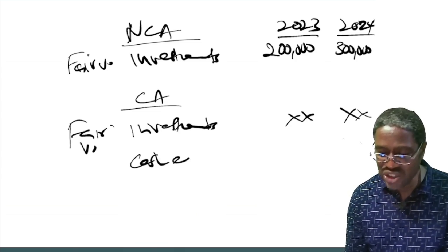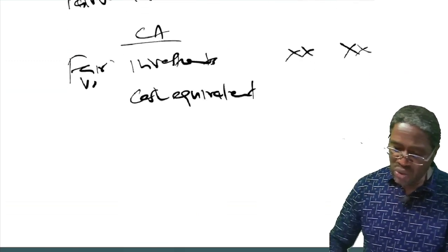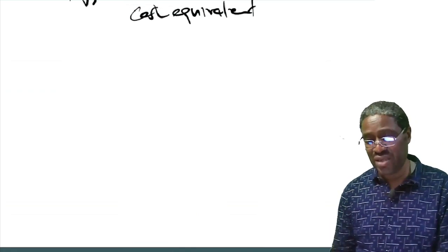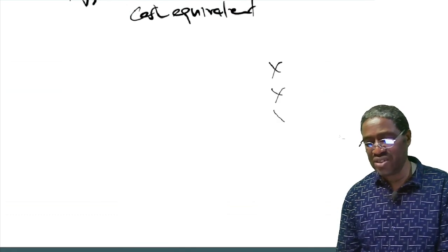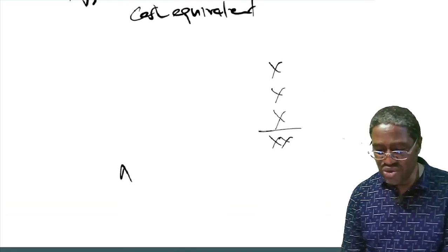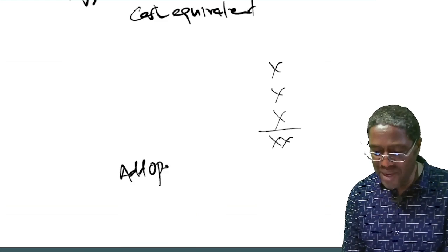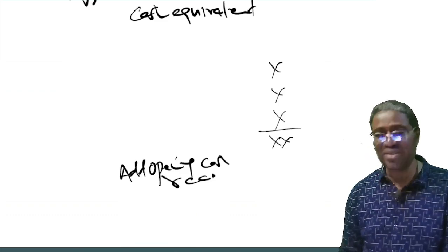As a cash equivalent. So when I was doing the cash flows down there, I was saying, get the operating, investing, financing, get the totals, you remember? Then I said you add opening cash and cash equivalent.